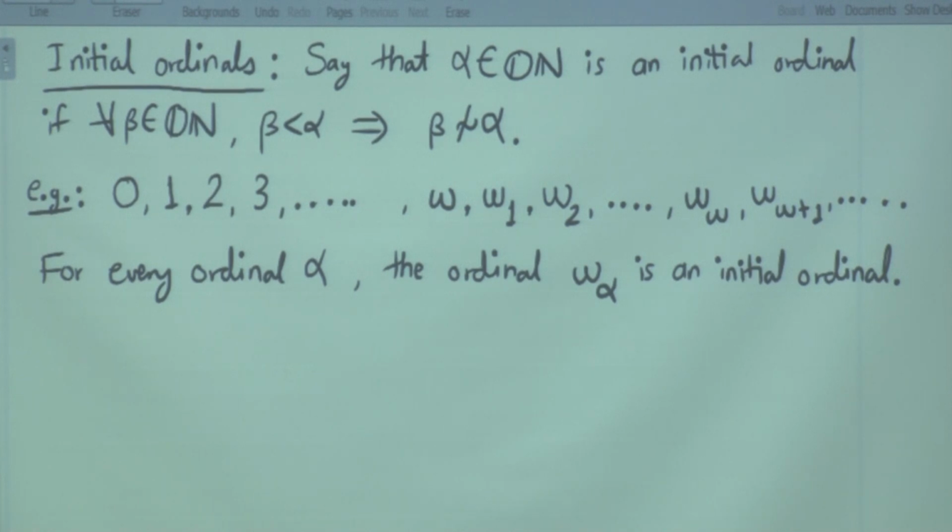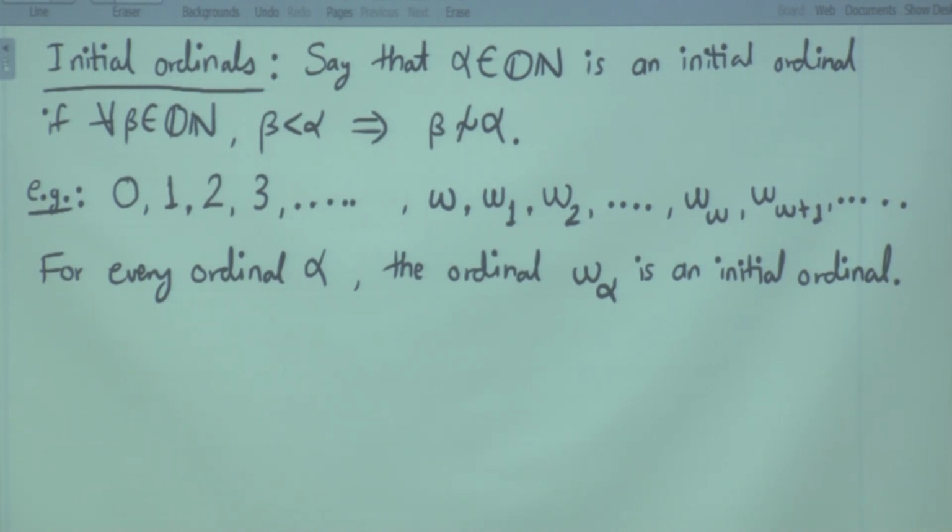So how many initial ordinals are there? As a consequence of this statement, as many as ordinals, plus 0, 1, 2, 3 and so on. Those are not indexed by ordinal numbers, those are just natural numbers, and after that we have omegas.